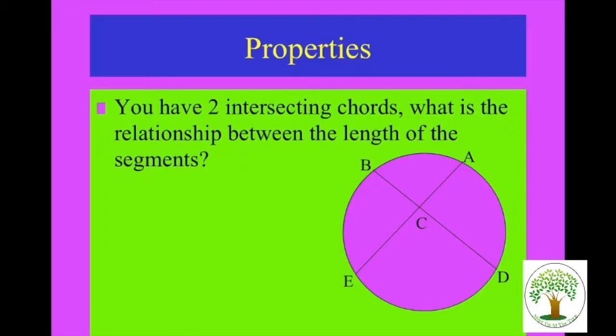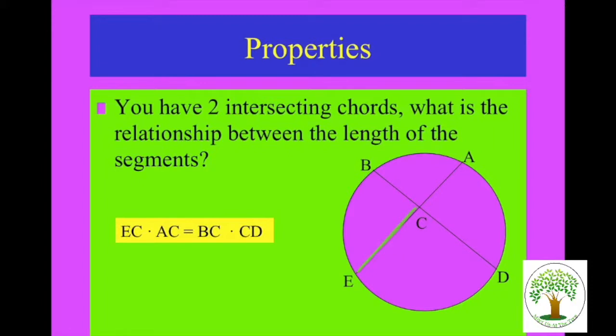The relationship with the length of those segments is that the little pieces multiplied together equal the pieces of the other one multiplied together. So we have EC, that's this section right here.